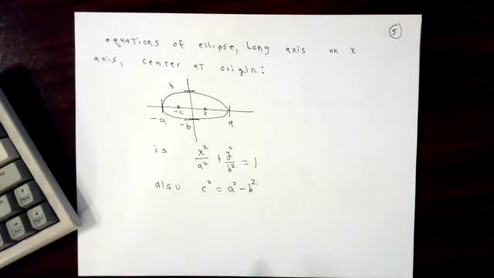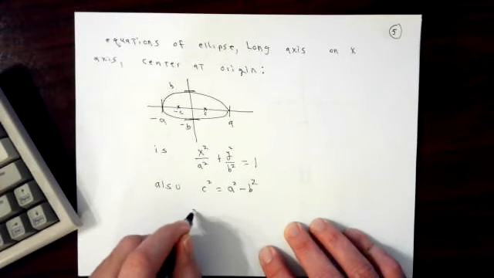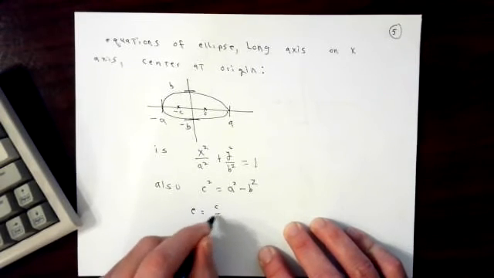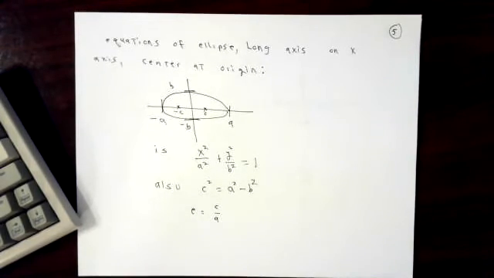So this is going to be our equation for such an ellipse, and c squared is going to be a squared minus b squared. And you see it's important that the a be bigger than the b because c squared can't be negative. The eccentricity is c over a.